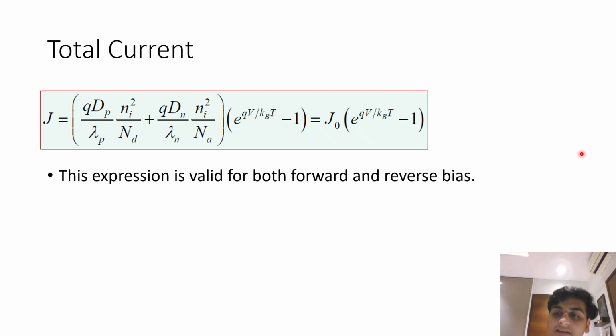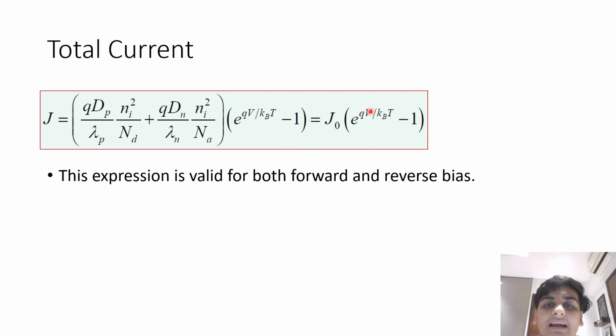Obviously, we've not considered any breakdown, so this formula does not encapsulate the breakdown. But we can see that this formula makes intuitive sense with respect to the diode. For negative values of V, this is very low in magnitude, and for positive values of V, you have a high magnitude positive current, which is what we want.